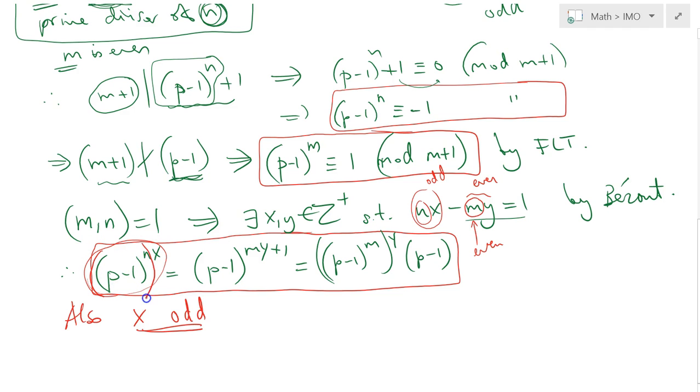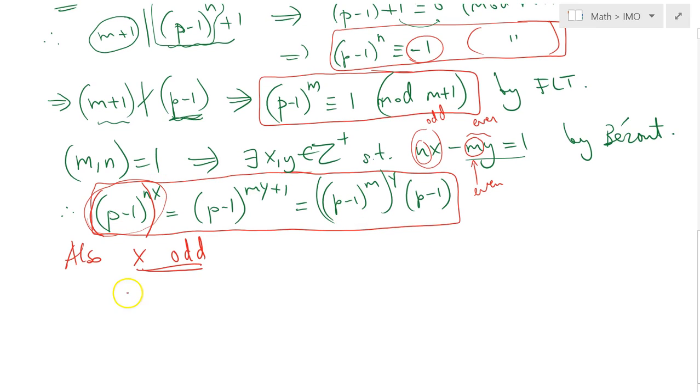So p minus 1 raised to the nth power in mod m plus 1 is simply equal to minus 1, so it would give us minus 1 raised to the x power. And recall that x is an odd number, so therefore this is simply equal to minus 1.